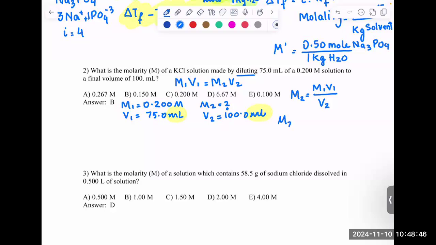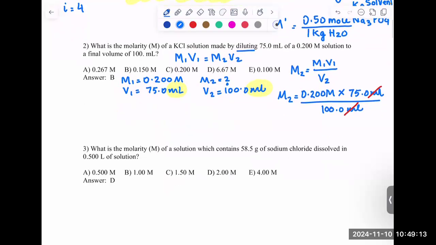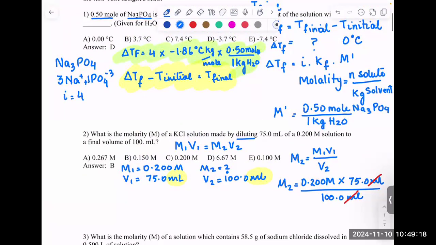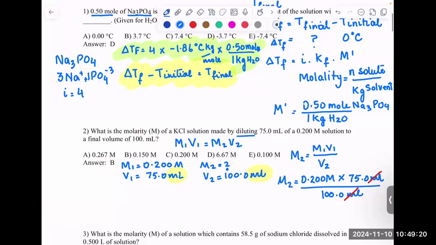So M2 is equal to 0.200 M multiplied by V1, which is 75.0 ml, divided by 100.0 ml. You see the ml and ml cancel out. That's how you will get the value. So you go and practice the following final calculations. All the answers are given to you, so you should get the right answer.